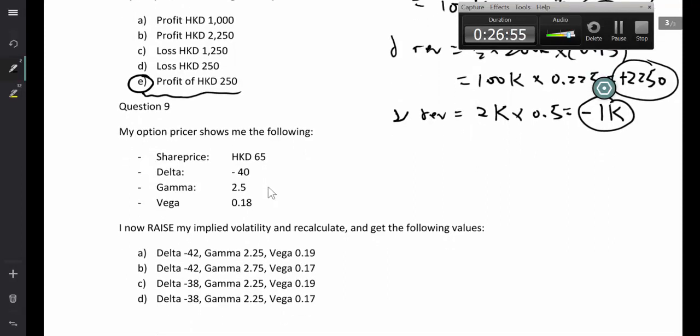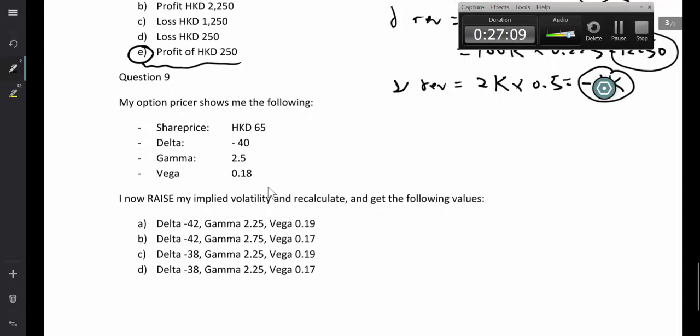Okay, now how about somebody else for question 9? My option price shows me the following. So share price 65, delta 40. It's unclear here, by the way, whether they are talking about one option or 100 options.